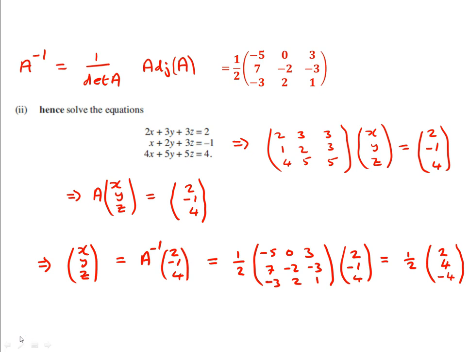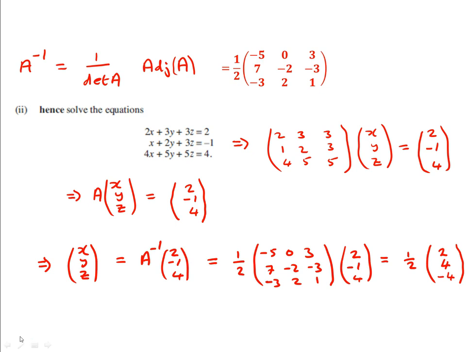Second entry, we've got 7 times 2 is 14, add minus 2 times minus 1 is 2, add minus 3 times 4 is minus 12, so that's 14 plus 2 add minus 12, which is 4. And then finally we've got minus 3 times 2 is minus 6, plus 2 times minus 1 is minus 2, plus 1 times 4, so minus 6 plus minus 2 plus 4 gives me minus 4.